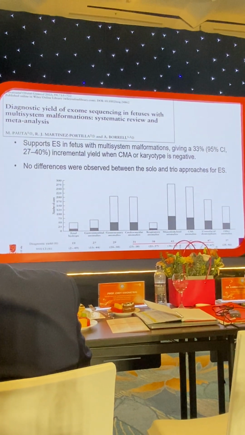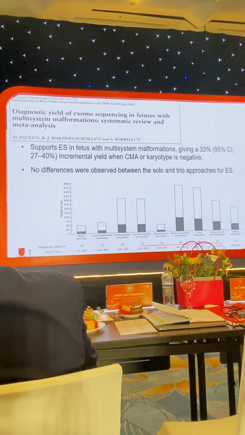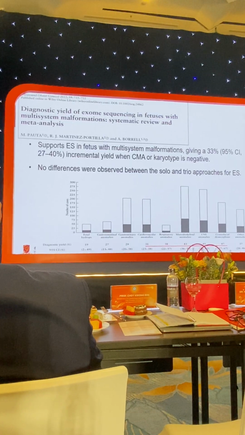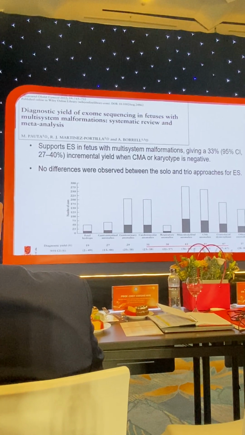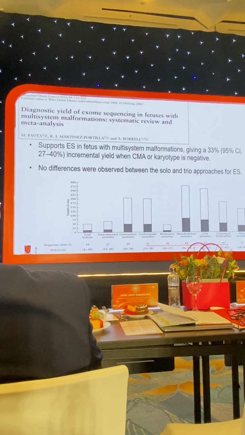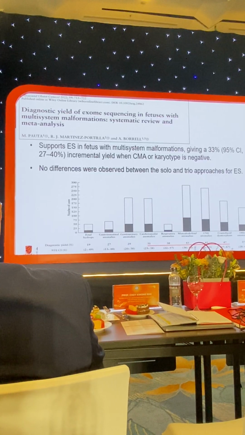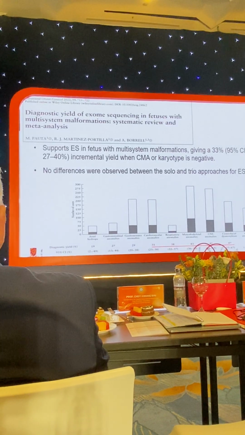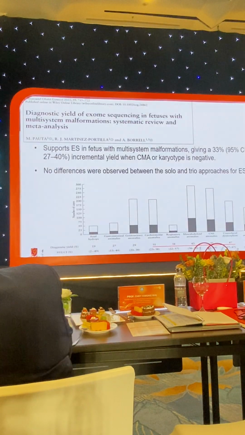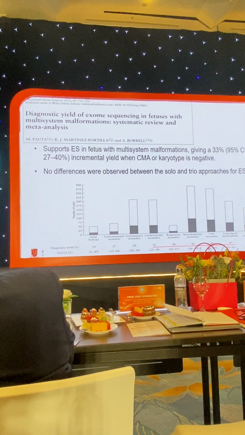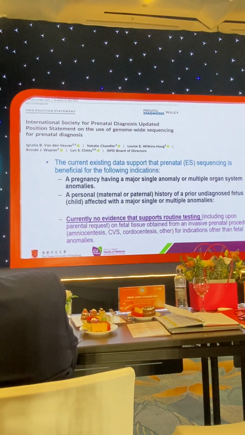But what's the level of difference? The main difference depends on what is the organ involved. We know that, for example, for us, we are more interested in the central nervous system, so you can see that actually they have a very good diagnostic yield. And if it's brain plus other multiple organs, actually the diagnostic yield is good as well. Okay, so this is the key message.